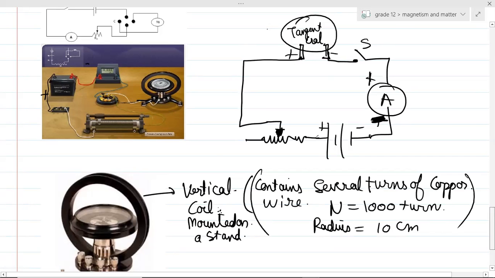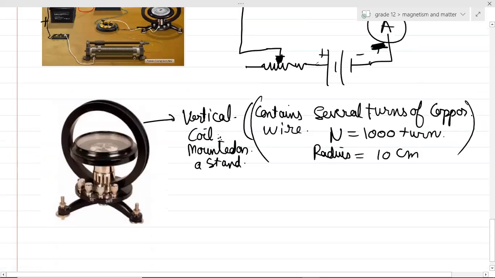So basically, inside this coil, there is a large number of turns of wire, and the radius of this coil is 10 centimeters. Now, think about how you hold a bucket. The handle of the bucket, is it like this only?